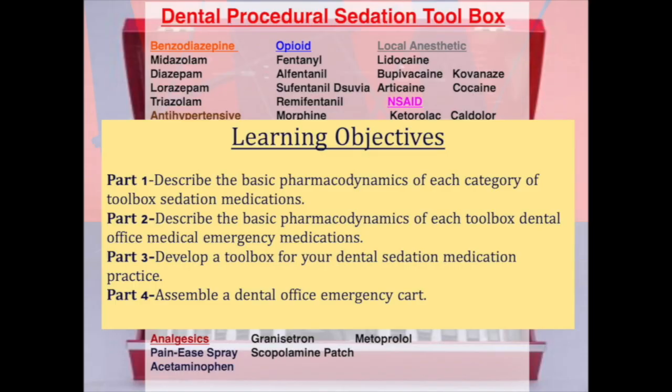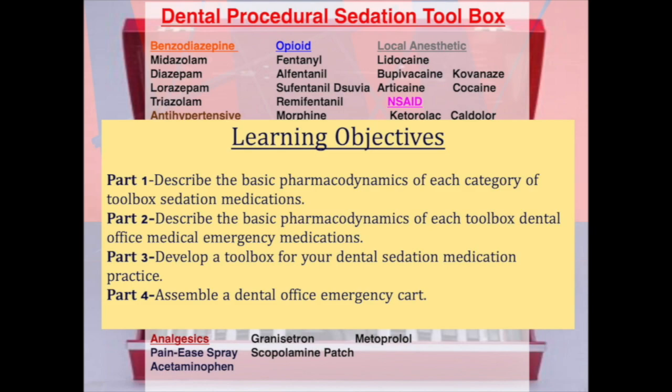Our learning objectives: we're going to look at describing the basic pharmacodynamics of each of the categories in the toolbox and those sedation meds that you will have. You won't have all of these, but I want you to know the names and at least to have seen them. Then we're going to go through the basic pharmacodynamics of the emergency medications. These you will probably absolutely have in your drug toolbox and in your emergency cart.